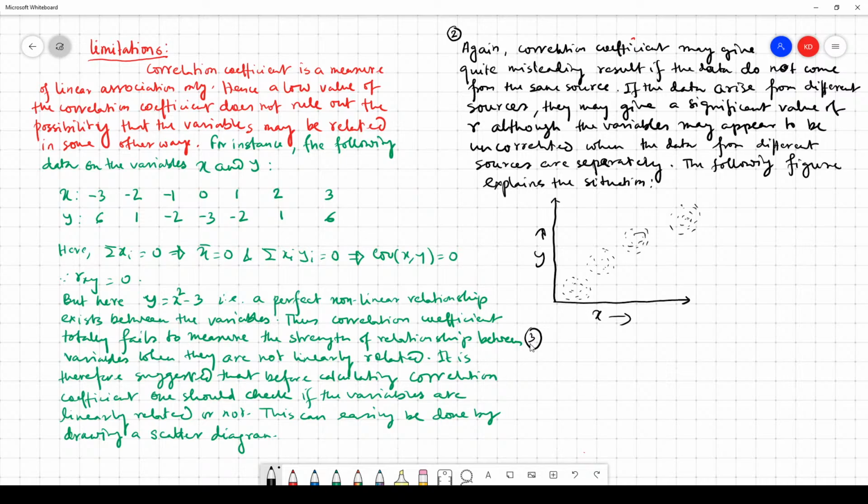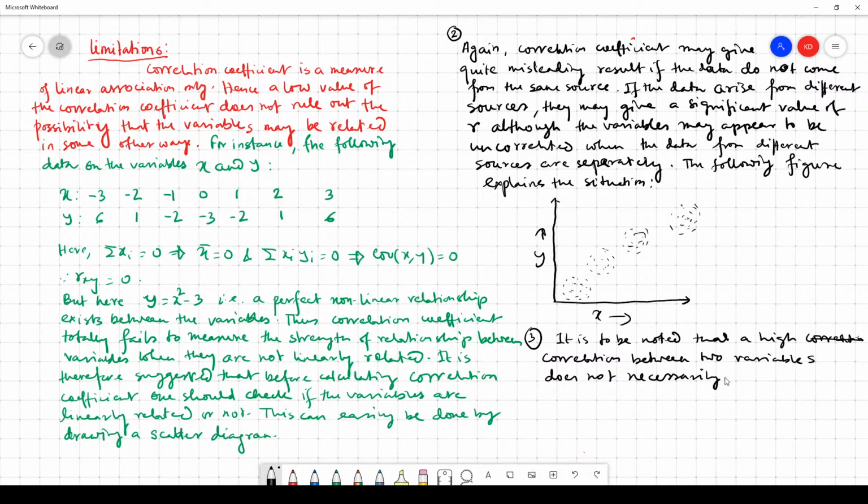Third point, it is to be noted that a high correlation between two variables does not necessarily mean that the variables are causally related.